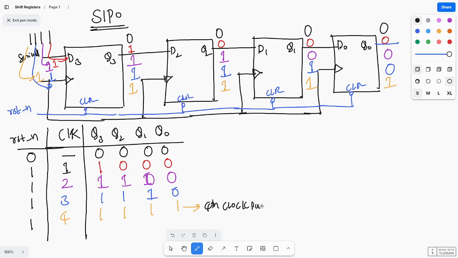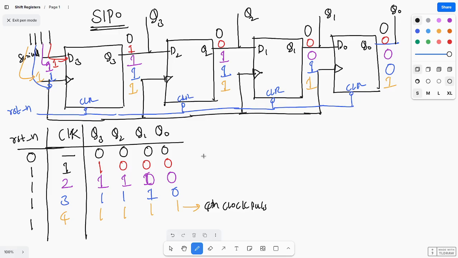At the fourth clock pulse, at a time you are taking 4 bits of data: Q3, Q2, Q1, Q0. Serially means it will take 4 clock pulses to load the data.